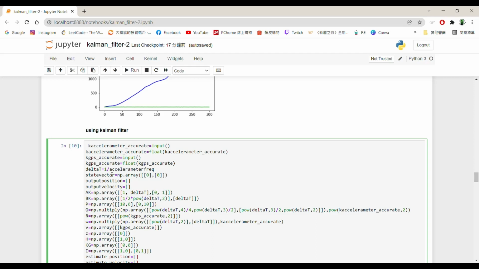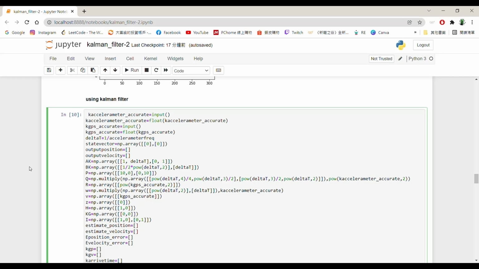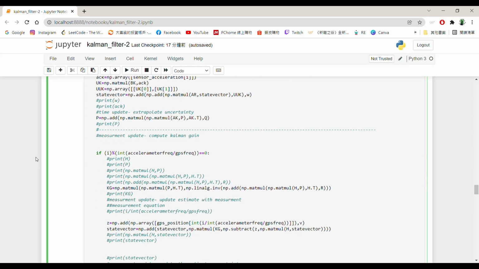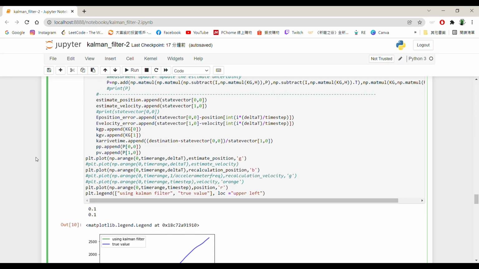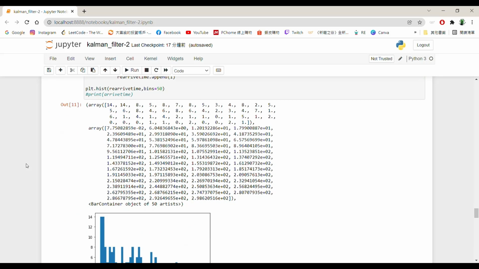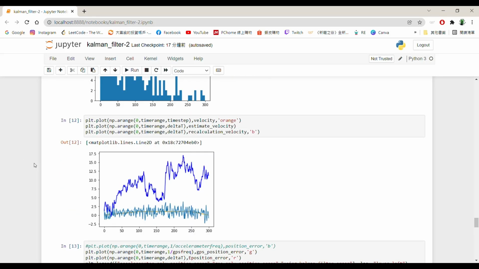Then we use the Kalman filter to recalculate our data. And this is the Python code. And we can see that our position error remains stable.